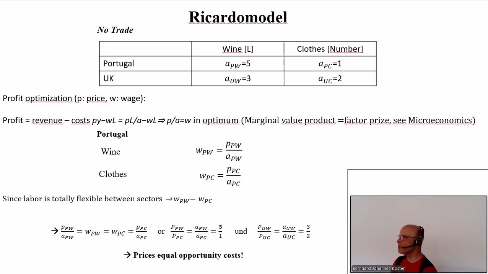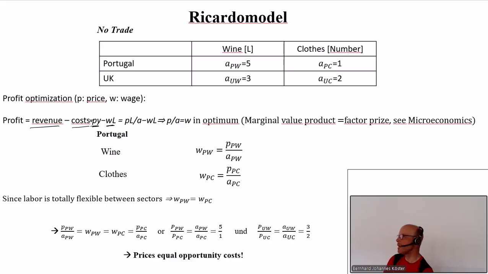Well, we have here a production process, and in general, we assume that the firms are profit maximizers. So what is profit? Profit is revenue minus costs. Revenue is the price of my good, wine or clothes, minus the costs to produce, which is the wage I pay for my labor, for my worker.